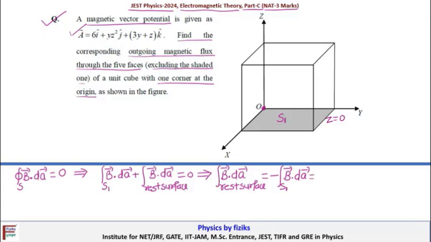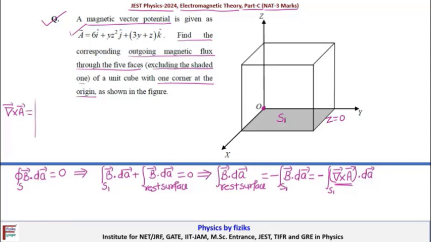Now in terms of the vector potential, B can be written as del cross A. So let's write it as del cross A dot dA. If we can find this value, we will get the flux through the rest of the surface, that is the other 5 surfaces. So let us first calculate the curl of A because the vector potential is given.